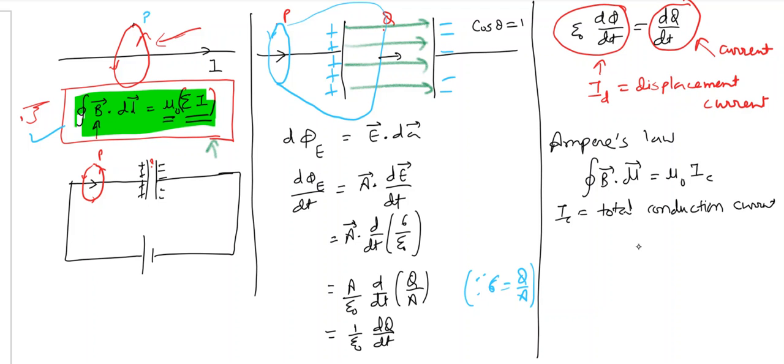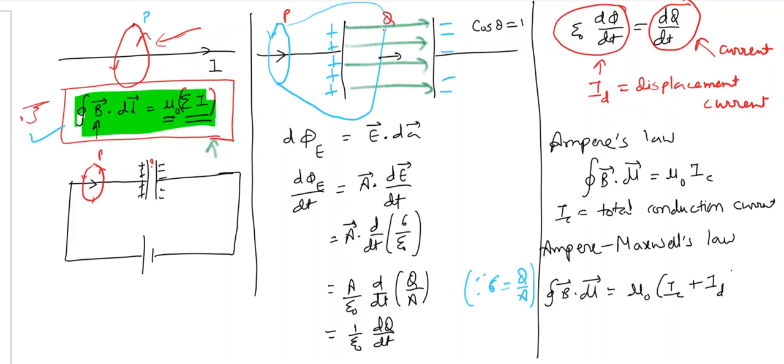This equation was modified and a new law was given, which is known as Ampere Maxwell law. And what is the modification? B dot dl is found by mu 0 times IC plus ID.